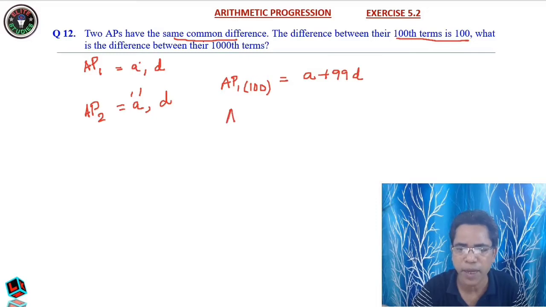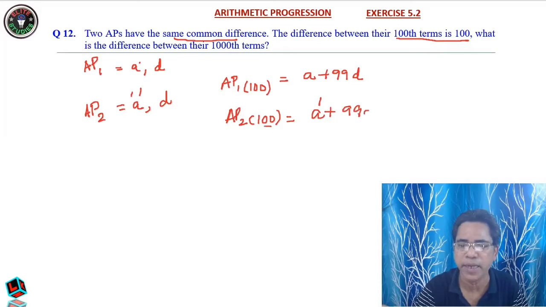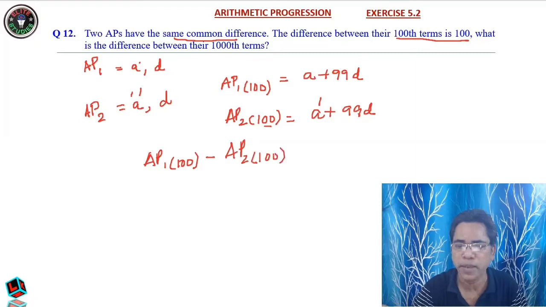Similarly, in the case of AP2, the 100th term will be A dash plus 99D, because the first term is A dash and it should be 1 less than 100, so 99D. According to the question, the difference between the 100th term of AP1 and the 100th term of AP2 is given as 100, isn't it?